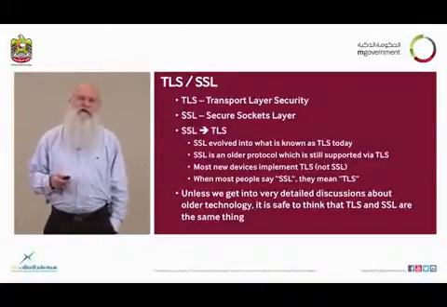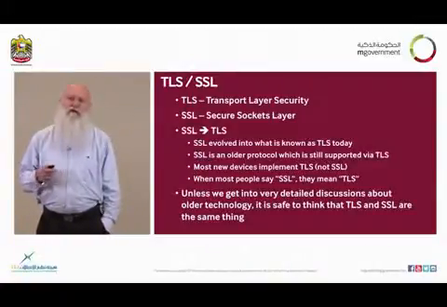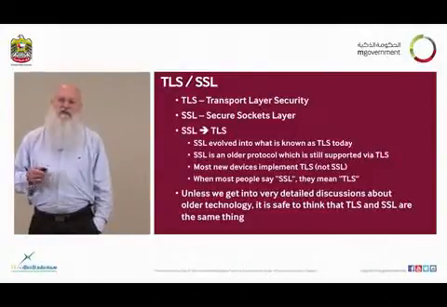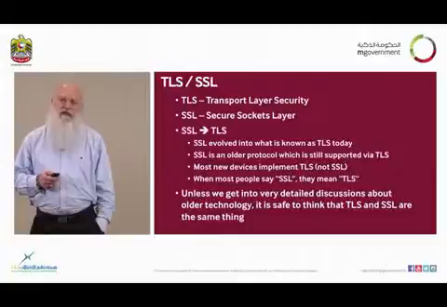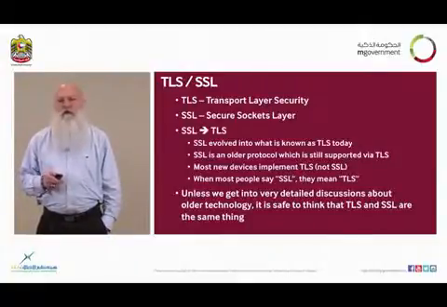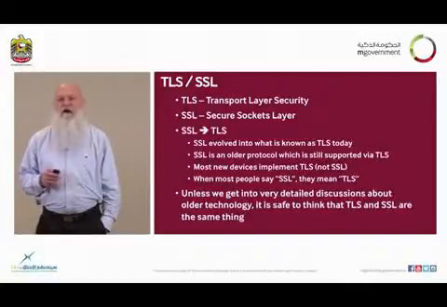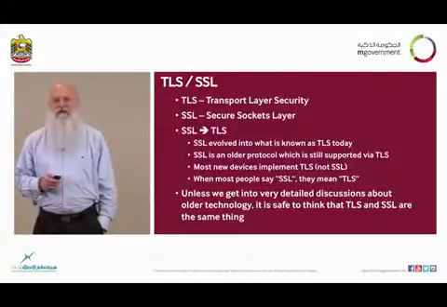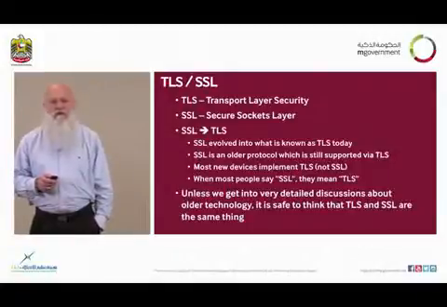Unless we get into a really complicated discussion, we really can't functionally make a distinction between SSL and TLS, so we'll use the terms interchangeably. Understand, though, that if you are programming or configuring your application, you should never use SSL older than version 3.0, and you should use the most current version of TLS, currently TLS 1.3.